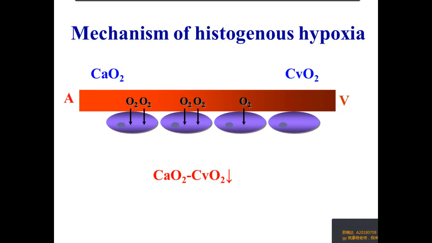So in the tissue cell, oxygen pressure is more than normal, which affects the difference between blood and tissue cells. Will the difference decrease or increase?